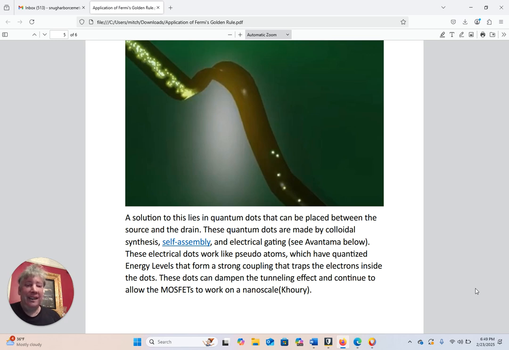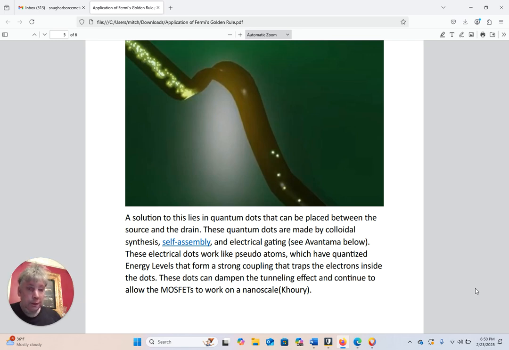It's going to take a certain amount of potential to get them out of the quantum dots, and until we actually open up that switch, those electrons are not going to get out. Again, some electrons will still figure a way to tunnel through that material. You're not going to cut it out completely, but you're definitely going to dampen it.